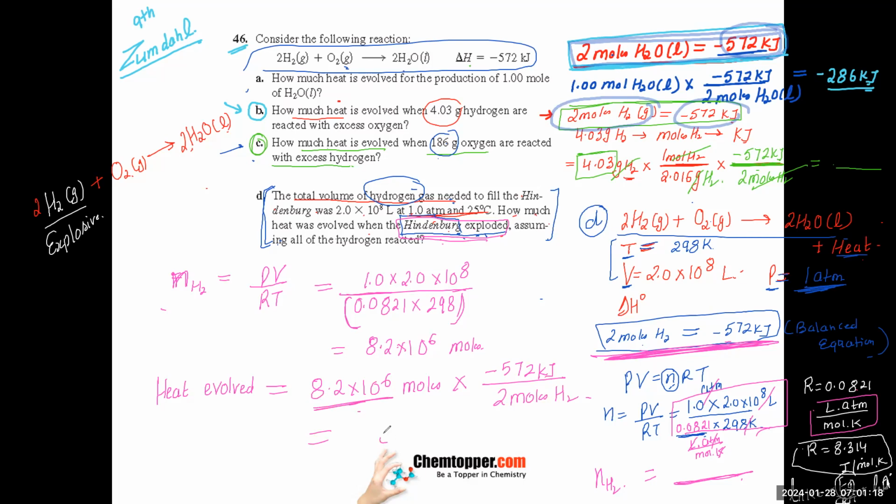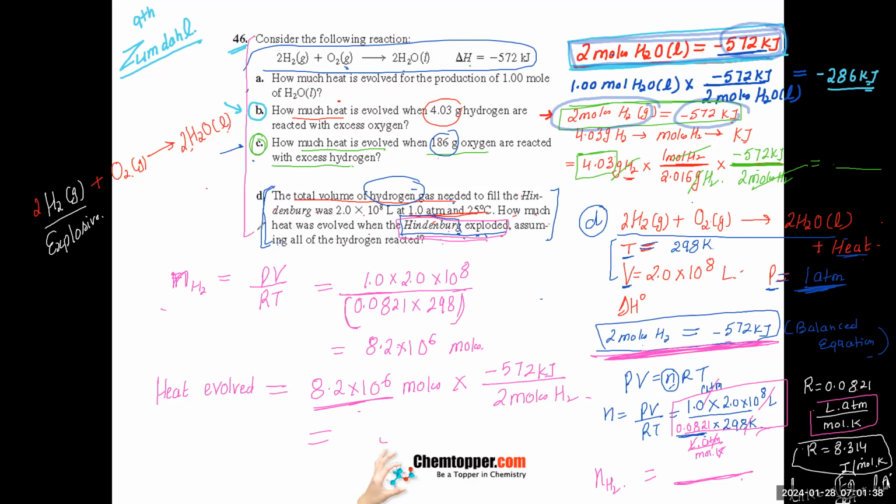And you'll see this is a very large amount of energy. With this explosion, most of the people died, but I think some of them survived because it was about to land. I don't remember exactly what happened, but yes, it's a large amount of heat. So are we okay with this question?